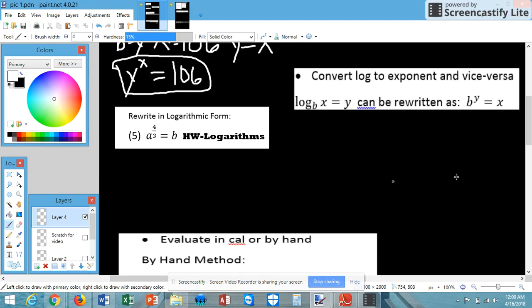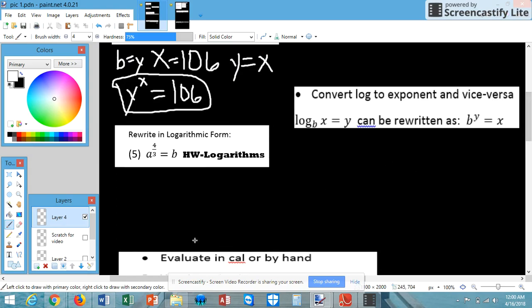So on number 5, we're going to rewrite this in logarithmic form. So just like the other problem, we're going to identify what b, x, and y are. So b is going to be a. Our y equals 4/3, and our x is b.